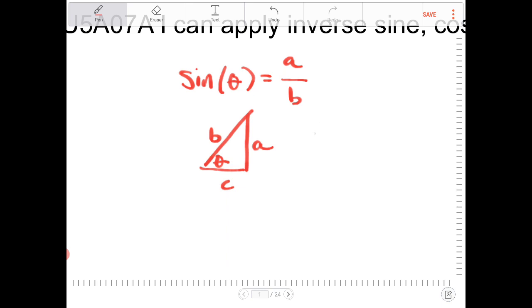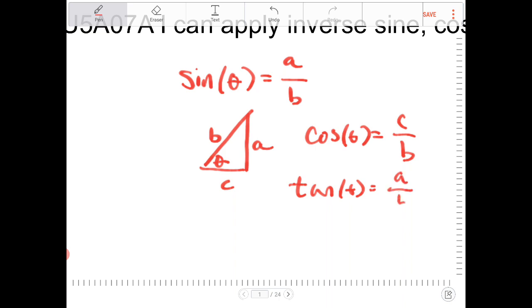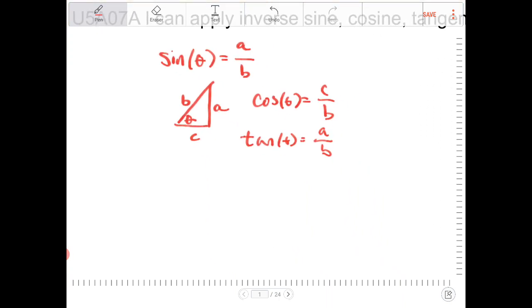Cosine of theta is adjacent over hypotenuse, and tangent of theta is opposite over adjacent. Those are the ratios. So if you know the particular angle, you can figure out the ratio.